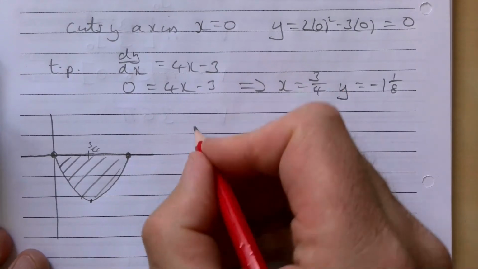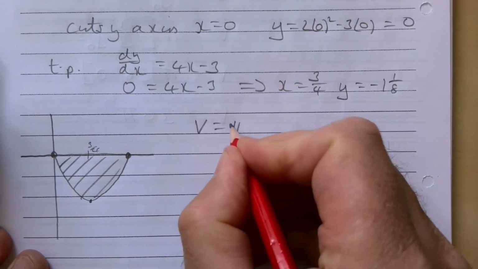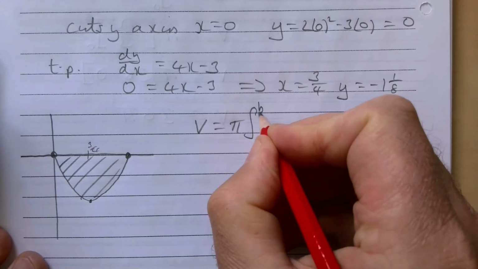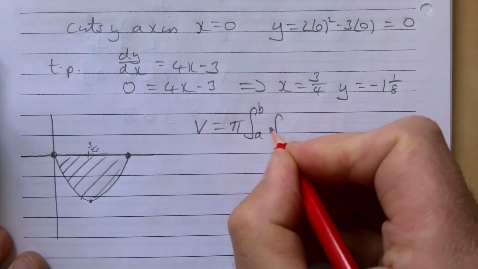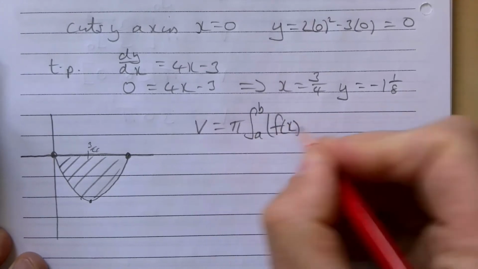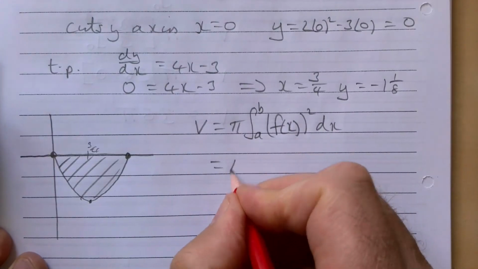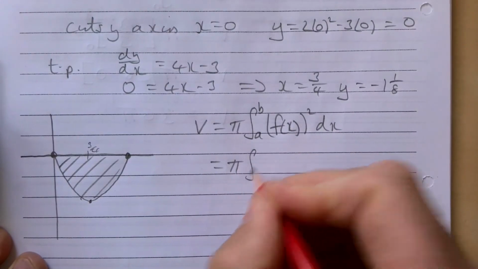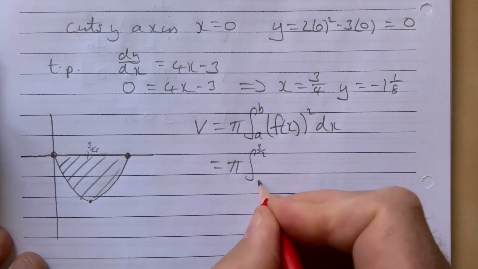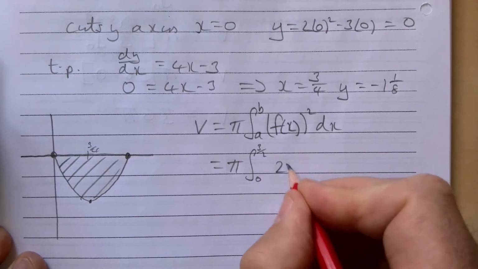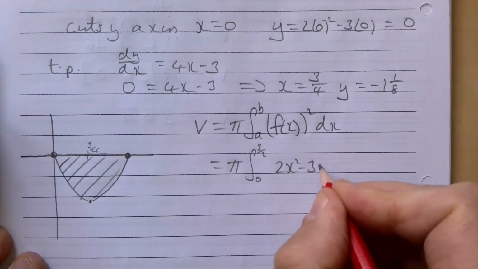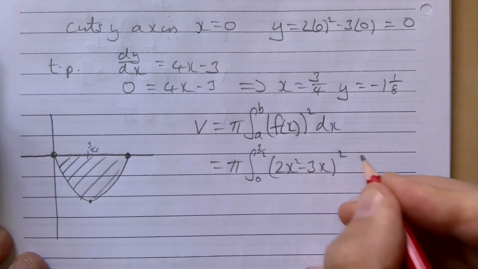So let's look at our formula. Volume is pi times the integral of f of x all squared dx. In our particular case, it's pi between 3 over 2 and 0 of 2x squared minus 3x all squared.